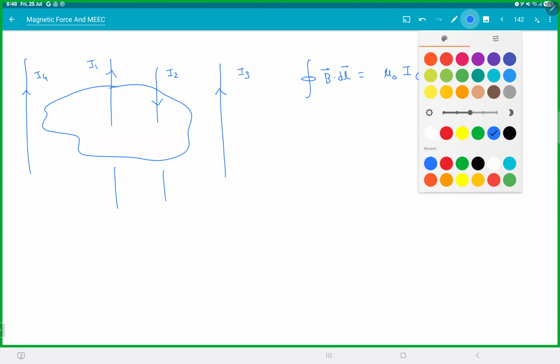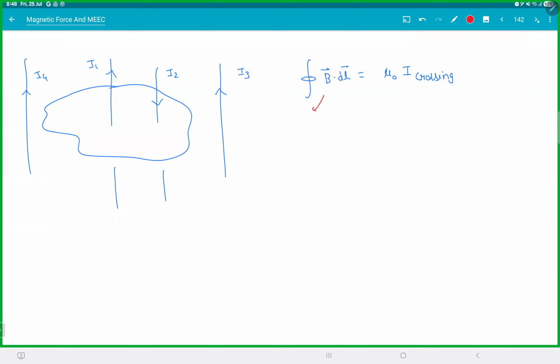In Gauss law, remember what was E? E is the field due to all charges inside and outside. Similarly, here also the magnetic field B is due to all wires. So here B bar is B1, B2, B3, and B4. So I crossing here will be only I1 minus I2. So the wires outside will not create any B dot dl. The summation will be 0 basically.